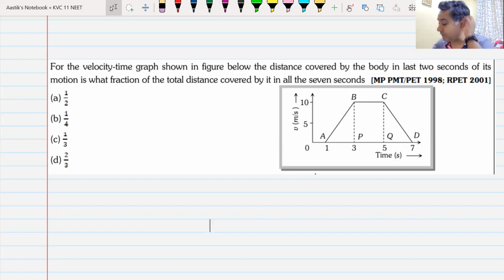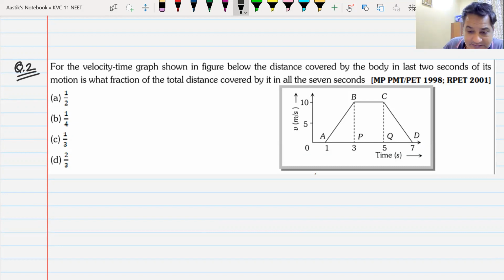For the velocity time graph shown below, the distance covered by the body in the last 2 seconds of the motion is what fraction of the total distance covered by it in all the 7 seconds? They are asking you to find out the ratio of the distance traveled in the last 2 seconds to the distance traveled in all of the 7 seconds. I'll give you 2 minutes to solve this.